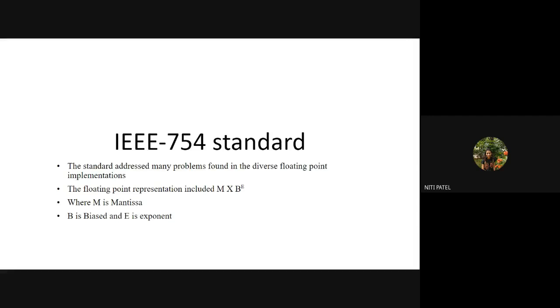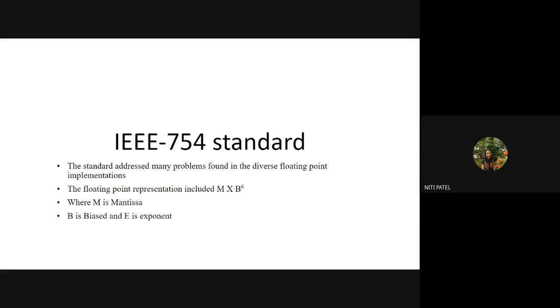This standard addresses many problems which were found in floating point implementation. Now, if you remember in the beginning of the chapter, we had done two types of data representation. One was the fixed point representation and the second was floating point representation.